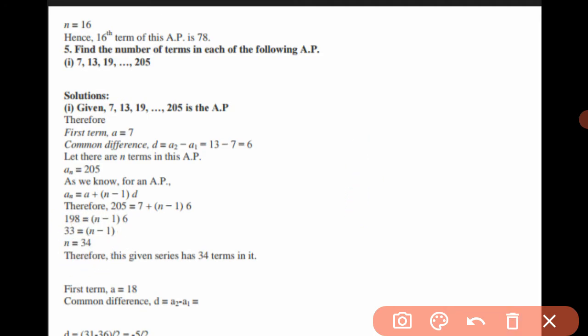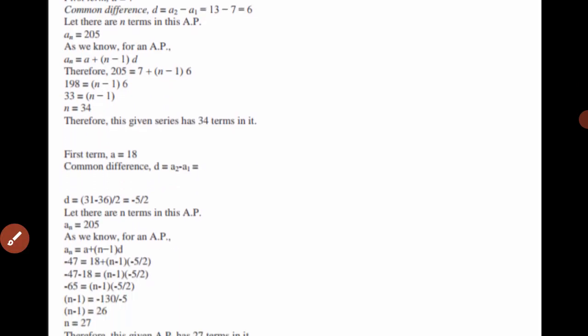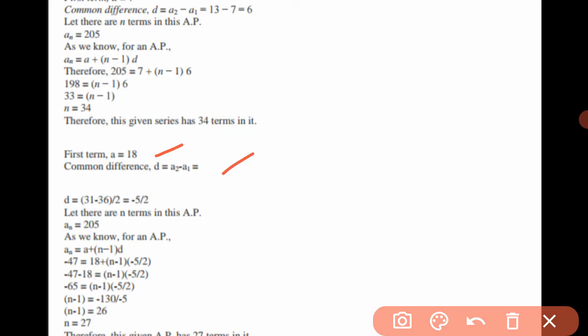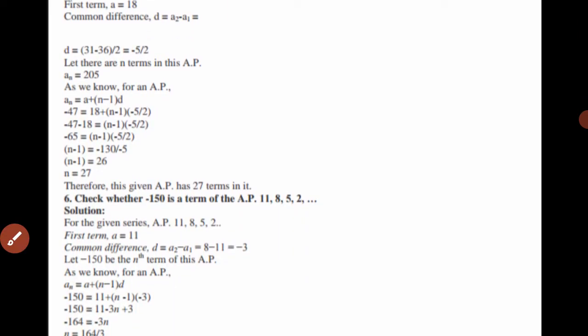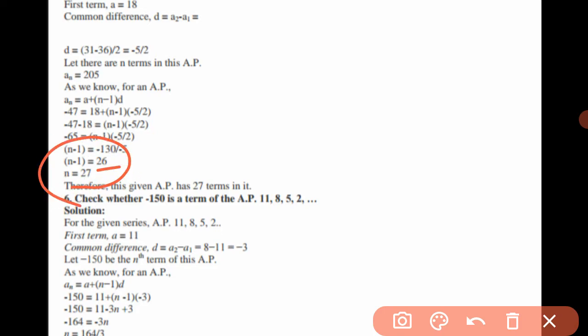Now in the next part, we know that the first term equals 18 and the common difference will be a2 minus a1. So d will be minus 5 upon 2. Similarly we can find the remaining part of this question also. So here we can say that n equals 27. So the value of n will be 27.